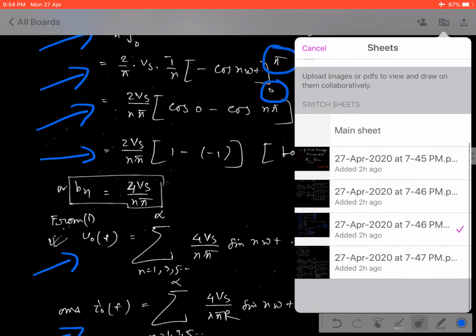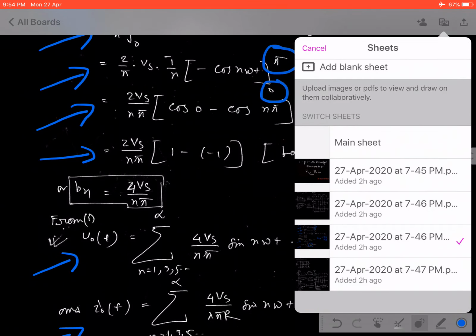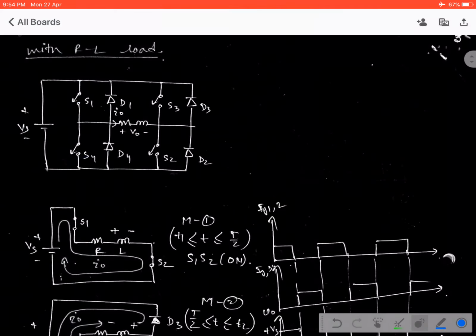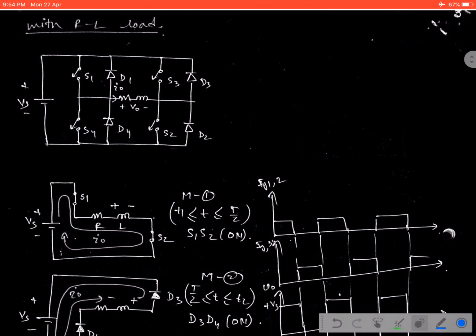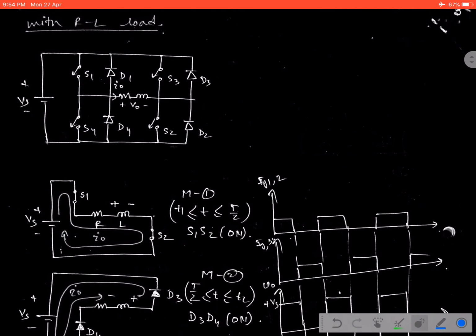Now we can go through using the RL load. So what will be the changes during the operation? In case of the R load, I mentioned there was a non-conducting state during D1, D2, D3 and D4. But in this case, as we are using the RL load, the question of the charging and discharging path arises.